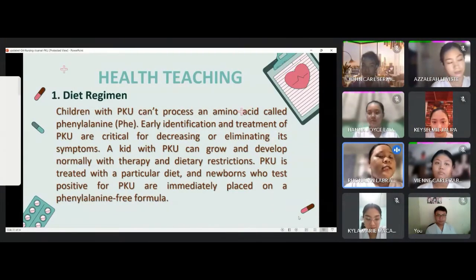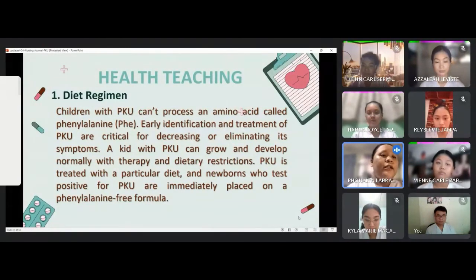So first, let's talk about diet regimen. Children with PKU cannot process an amino acid called phenylalanine, or PHE. When an infant is born, it is a must that a PKU test should be done, no sooner than 24 hours after birth.